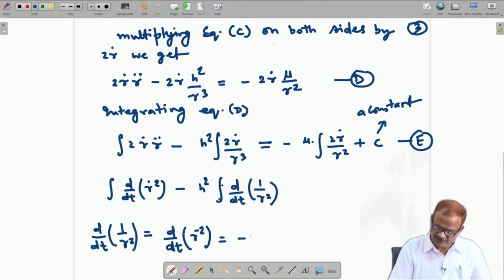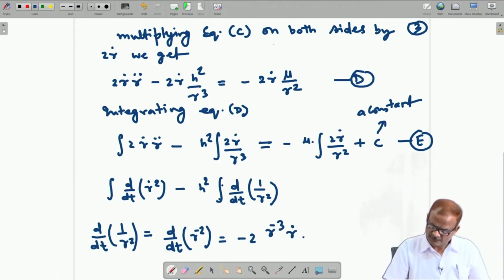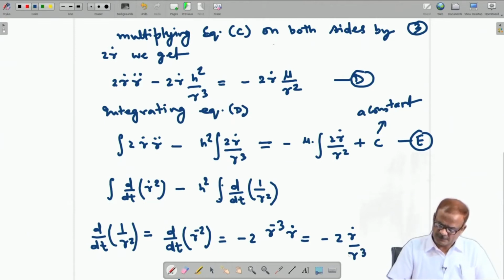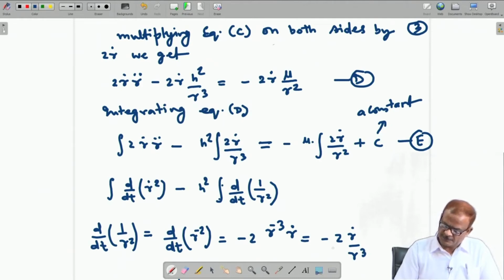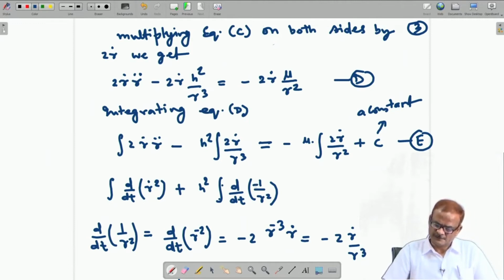Once we differentiate this, it will be minus 2 times r to the power minus 3 times r dot, which gives minus 2 r dot by r cube. So the minus sign should be fetched inside: instead of minus, we put plus here, and the minus sign we fetch in this place.